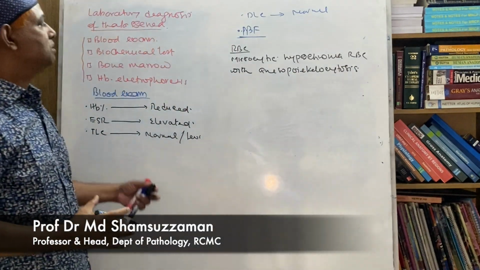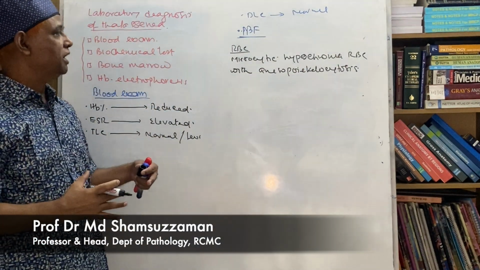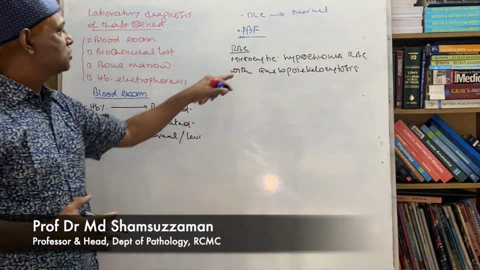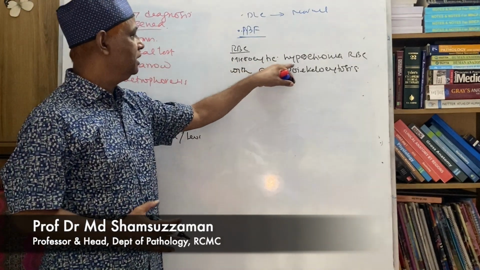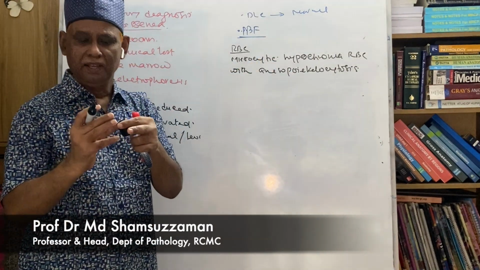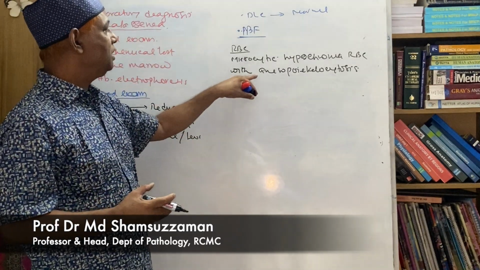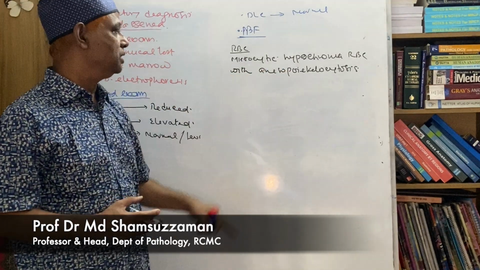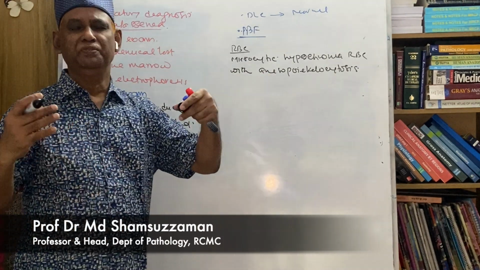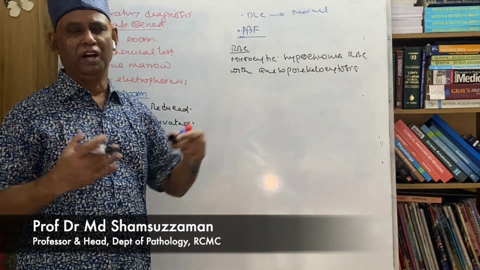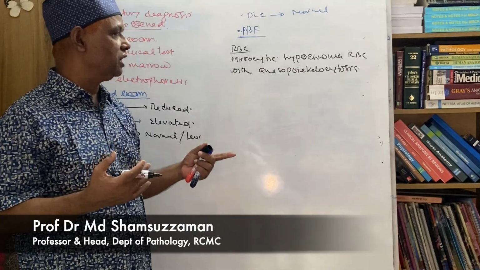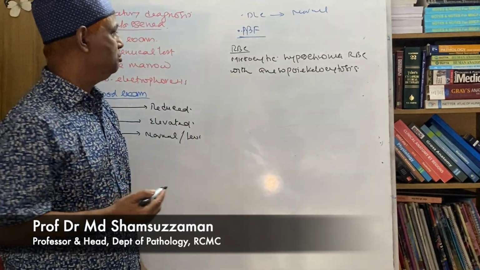So morphologically, it is microcytic hypochromic anemia, you know. So RBC will be microcytic and hypochromic. There is RBC reduced in size, and there is reduction in hemoglobin within the RBC, and there will be anisopoikilocytosis. What does it mean? There is different shape of RBC. Different shapes of RBC you will get in thalassemia.